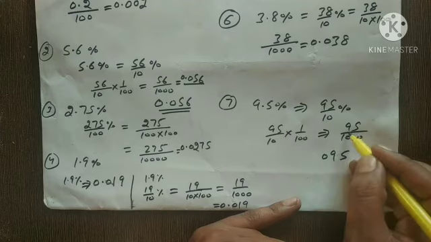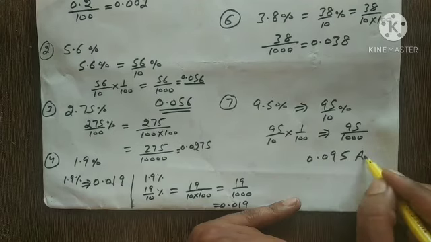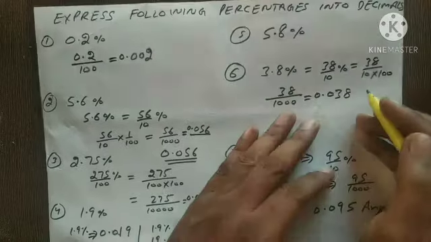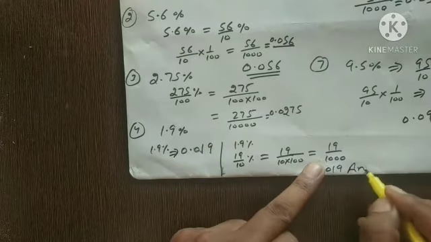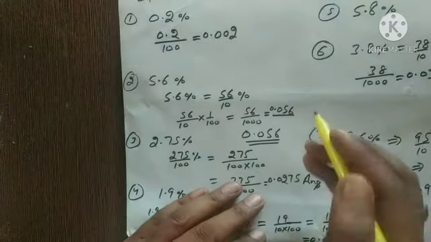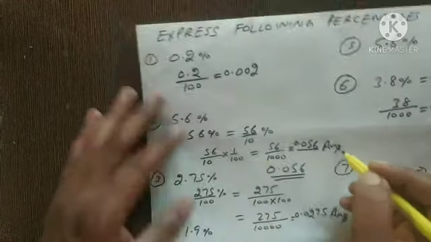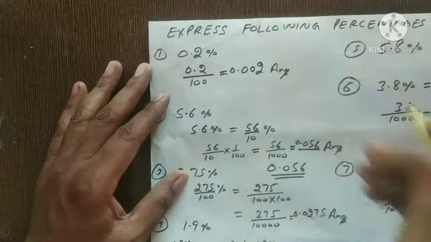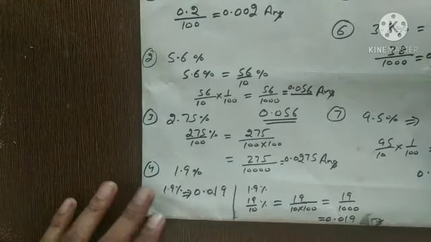Because the third digit is not there, so I write 0 and after that I mark decimal. So this is the answer. So all the answers are there and I have explained. If there is any doubt, then you can ask me in the comment section. I am pausing the video so that you can take the screenshot.